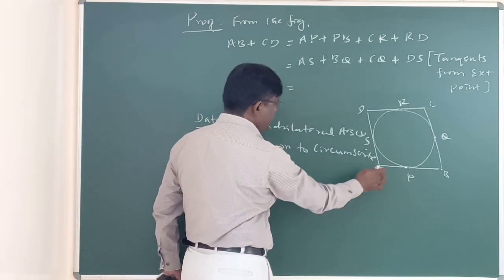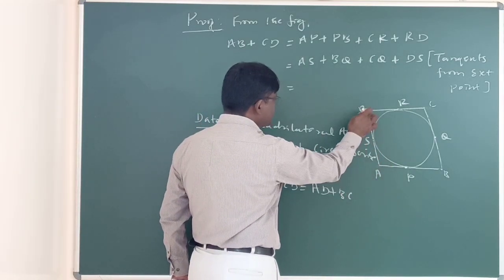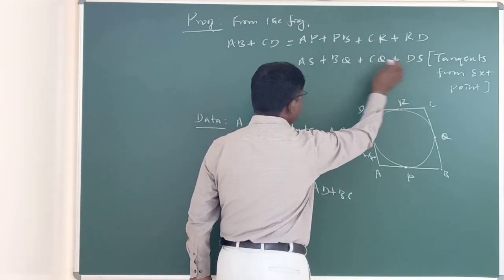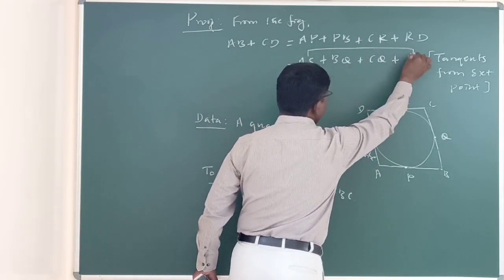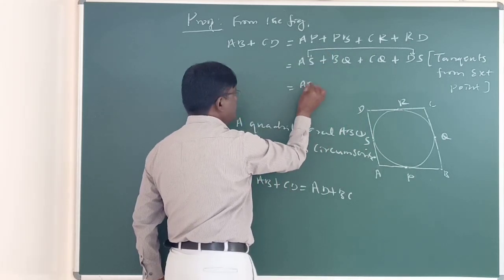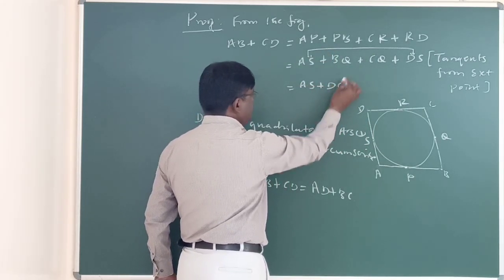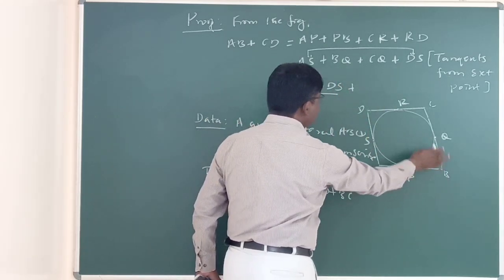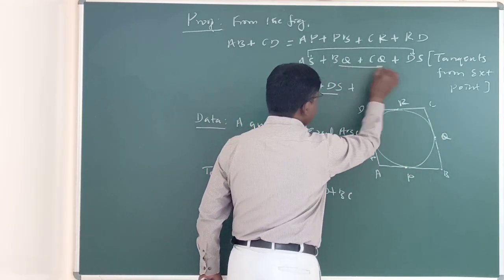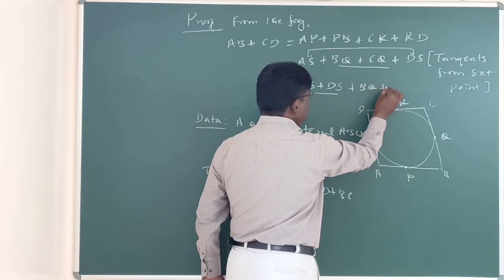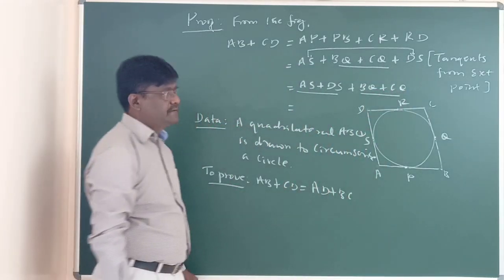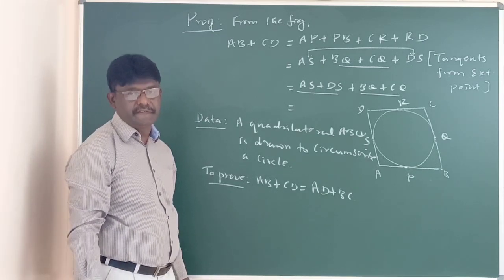So AS we have plus SD, or DS, gives AD. Look here, AS and DS. Let us write together and underline, plus BQ plus CQ. Therefore, what is the sum of AS plus DS?